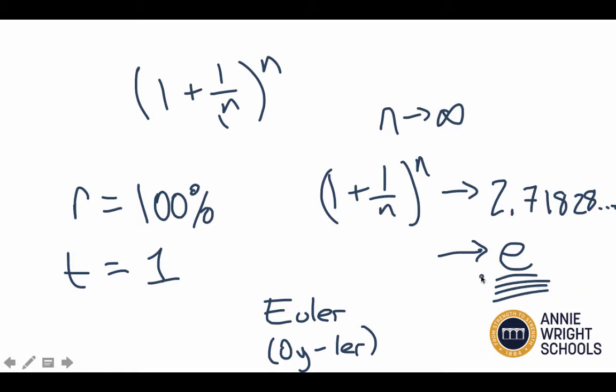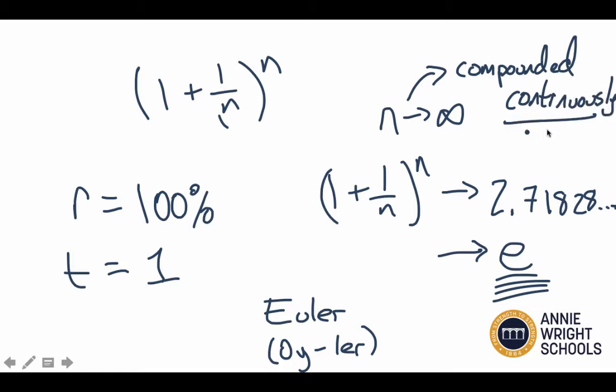Good? So we use this number. What was interesting is it's talking about n being infinity. So this idea in compound interest lends itself to interest compounded continuously. The way you want to think about continuous interest is it's interest every instant that the money is being borrowed.